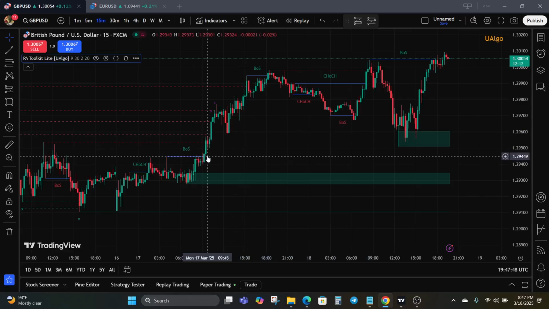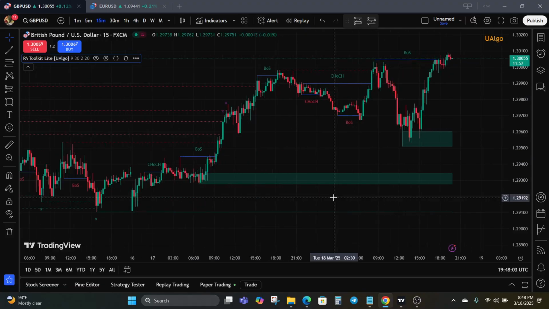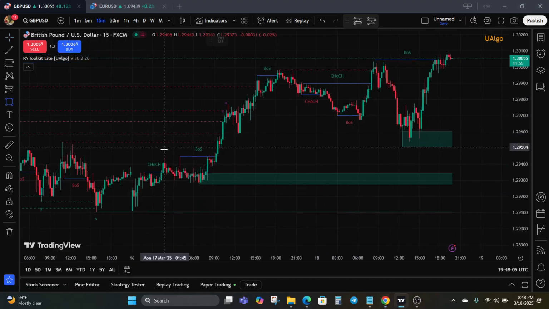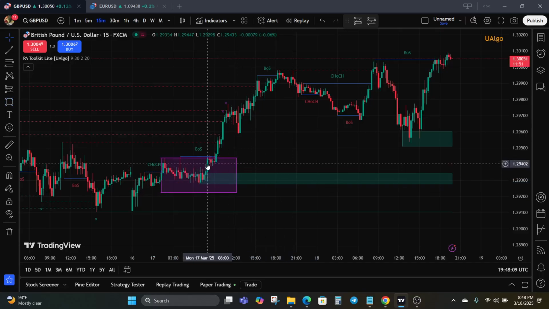As for break of structure signals, the BOS signals, they show when price is confirming a trend continuation. You can see here, for example, we had a little bit of a range around here, and then finally there was a break of structure. You can see the indicator identified the BOS.